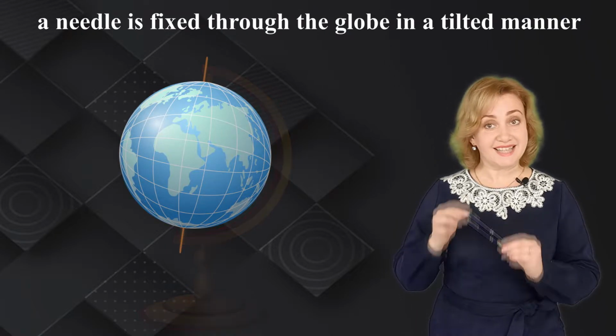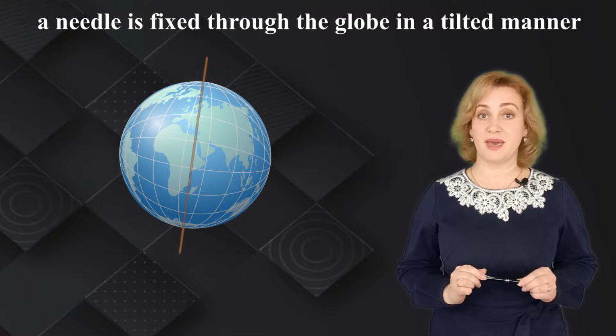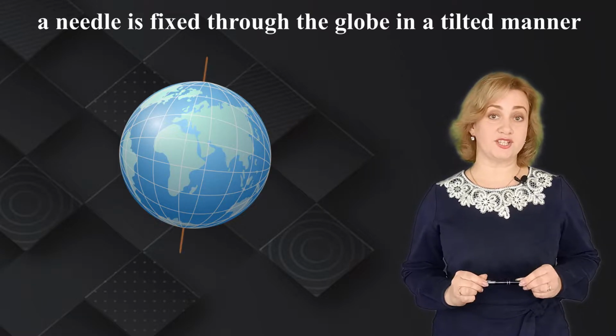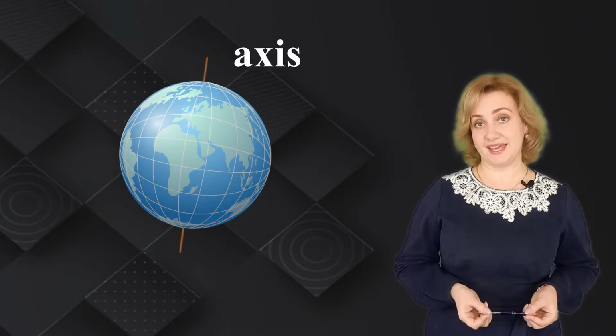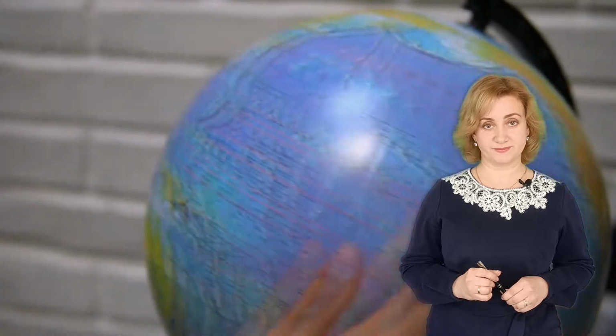You will notice that a needle is fixed through the globe in a tilted manner, which is called its axis. The 2 points of the globe through which the needle passes are the 2 poles, North Pole and South Pole.